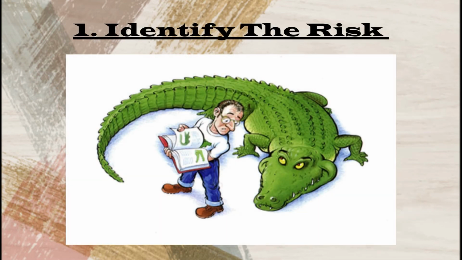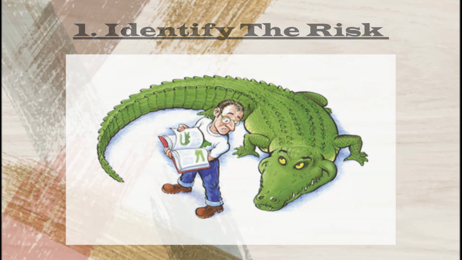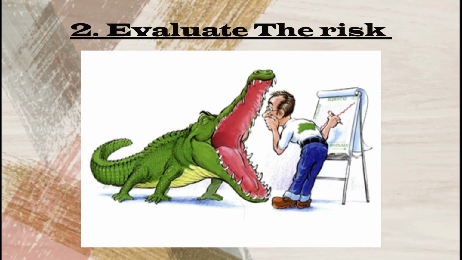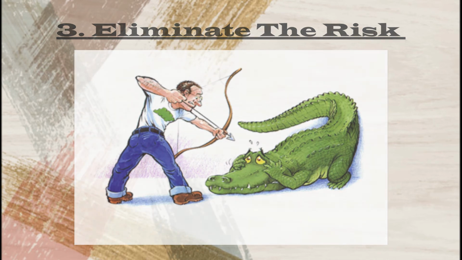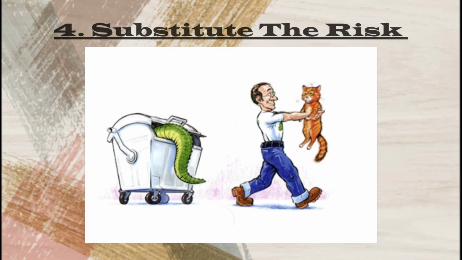While doing the risk assessment, you should follow the crocodile principle. Principle number 1 is to identify the risk. Principle number 2 is to evaluate the risk. The third principle is to eliminate the risk, kill the crocodile. The fourth principle is to substitute the risk.